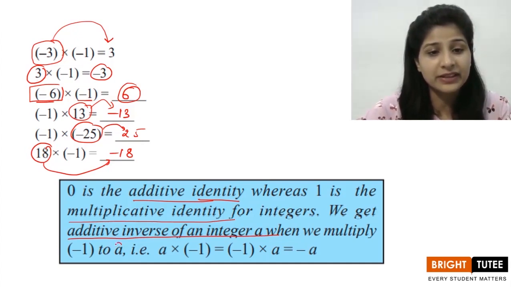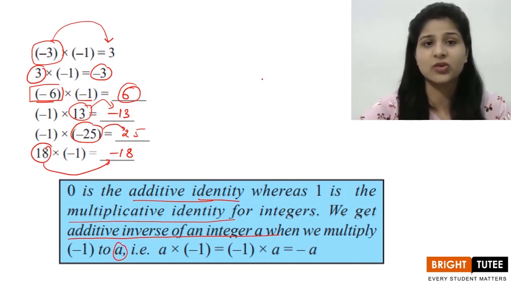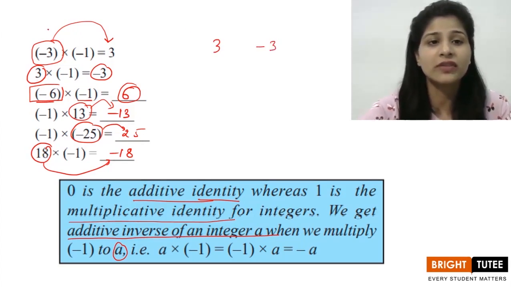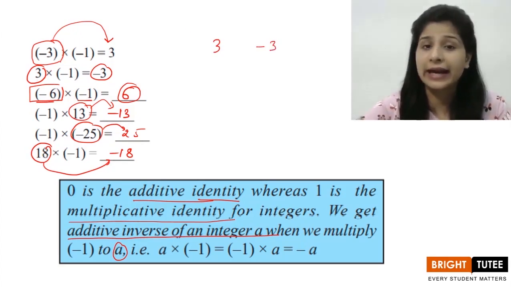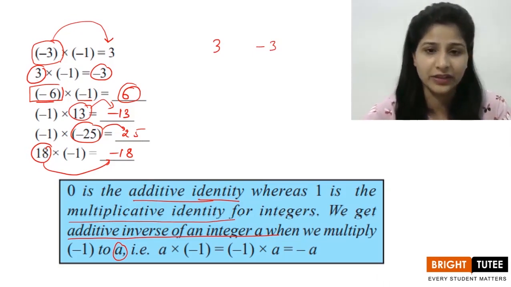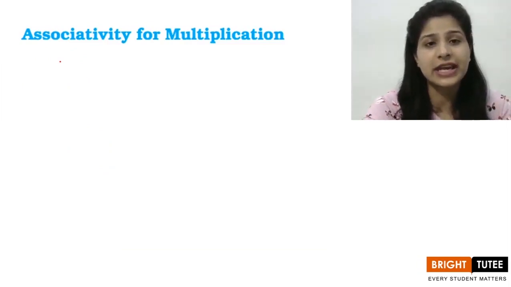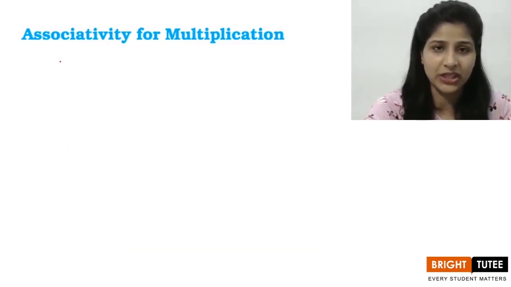When we multiplied with this, the sign is getting changed. What is the additive inverse of 3? It is minus 3. So what we are getting actually is the additive inverse of that number. So minus 1 is used for additive inverse. Clear?